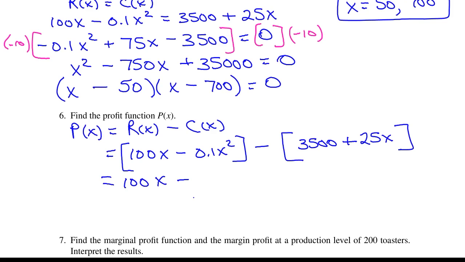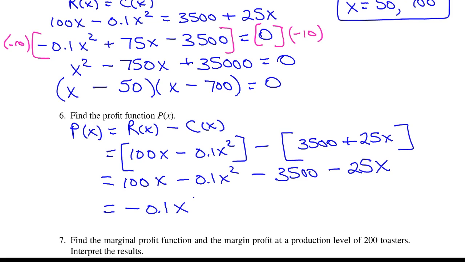Distribute the negative. And then simplify by combining like terms. So it's -0.1x squared + 75x - 3,500.